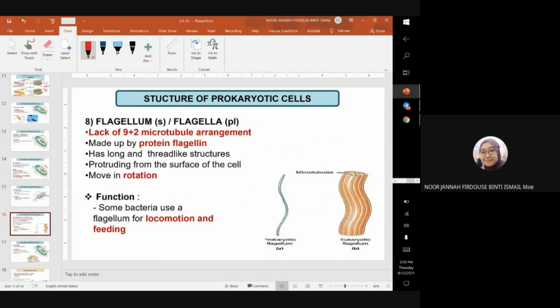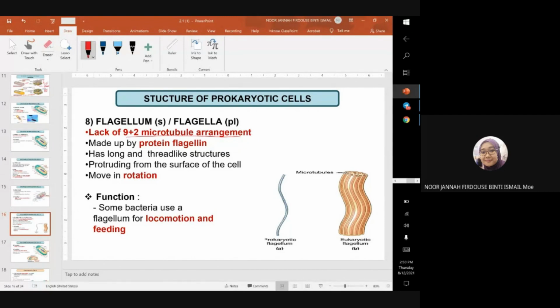While the flagellum, or plural flagella, in prokaryotic cells lacks the 9 plus 2 microtubule arrangement. What is the 9 plus 2 arrangement? You can read in the notes or in reference books or any reference on the internet.